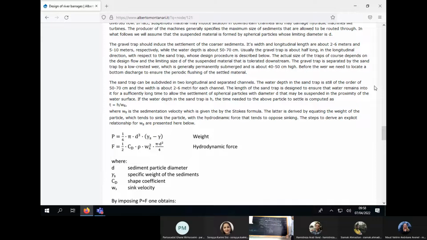In order to make this check, I need to know Ws, which is the velocity of sedimentation.